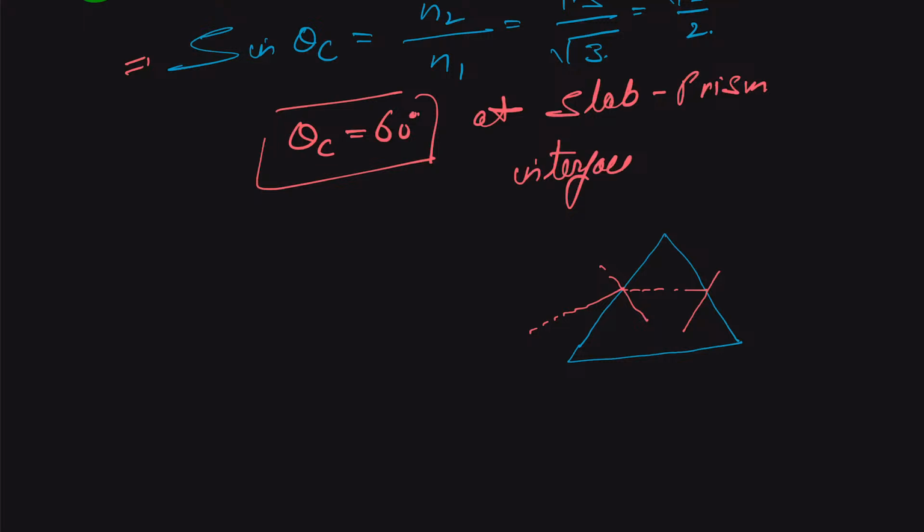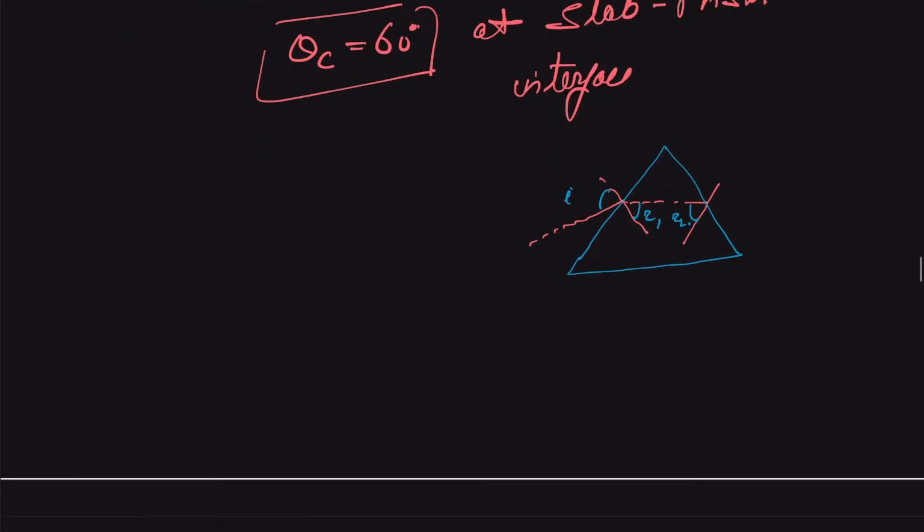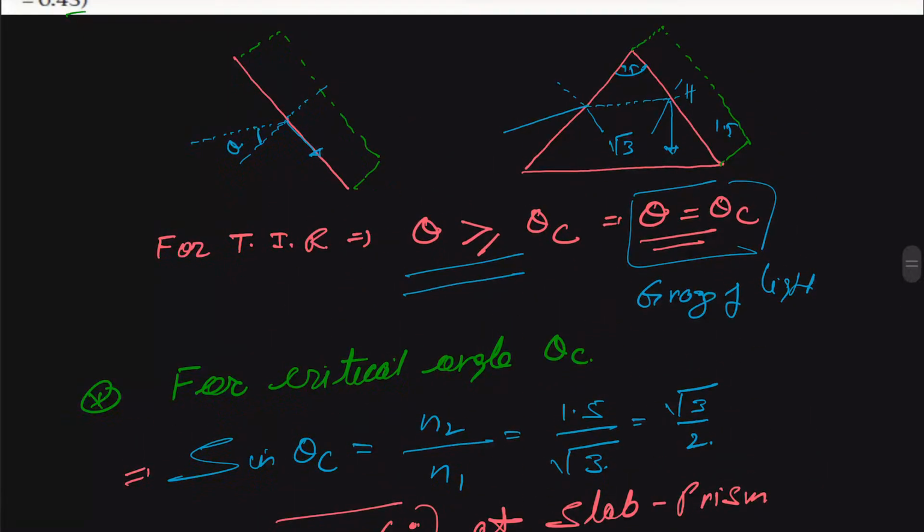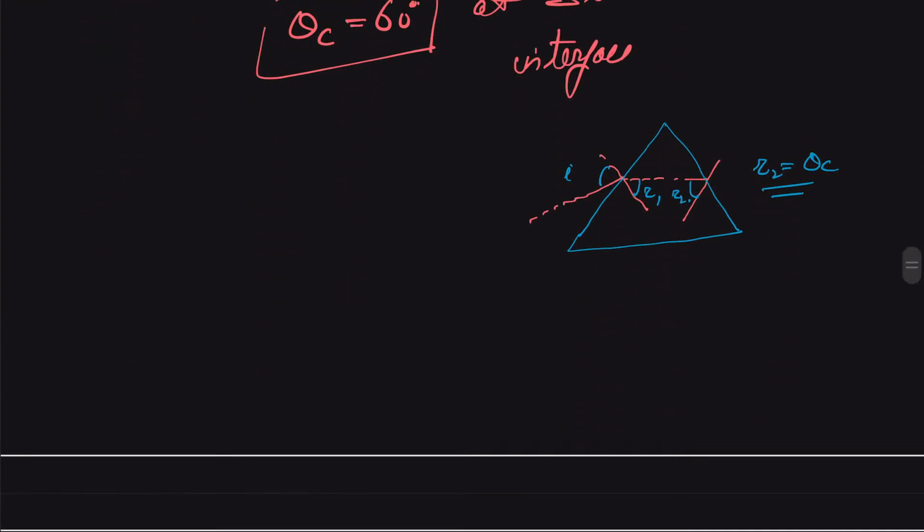If I say the angle of incidence is I, then this is the angle of refraction R1, and this is the angle of refraction R2. But for this particular case, R2 is equal to theta c, because we already drew this as theta c.